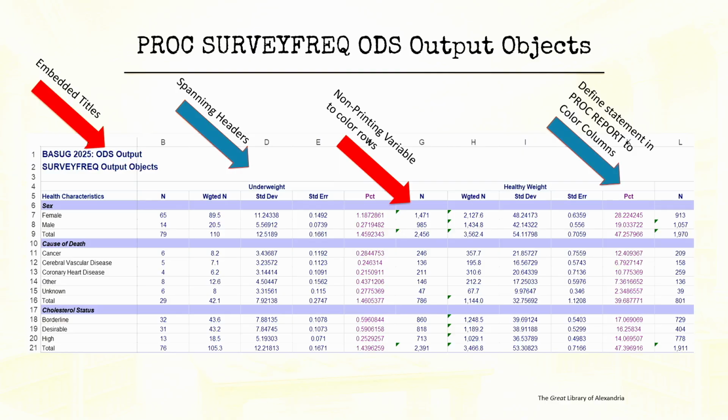And again, you can see that the embedded titles are up at the top there. The spanning headers are over there. And then a non-printing variable was setting the purple row there. And then the define statement in PROC REPORT can color the columns for you.